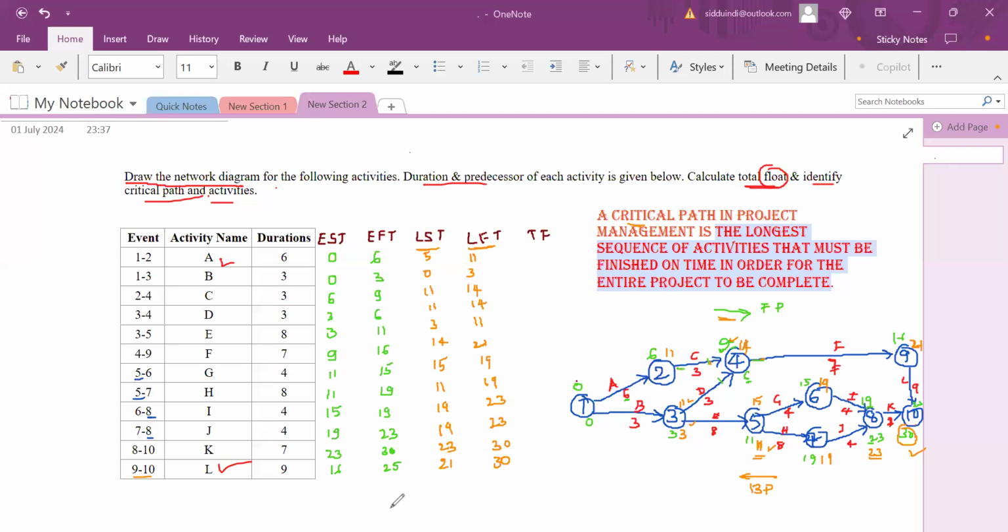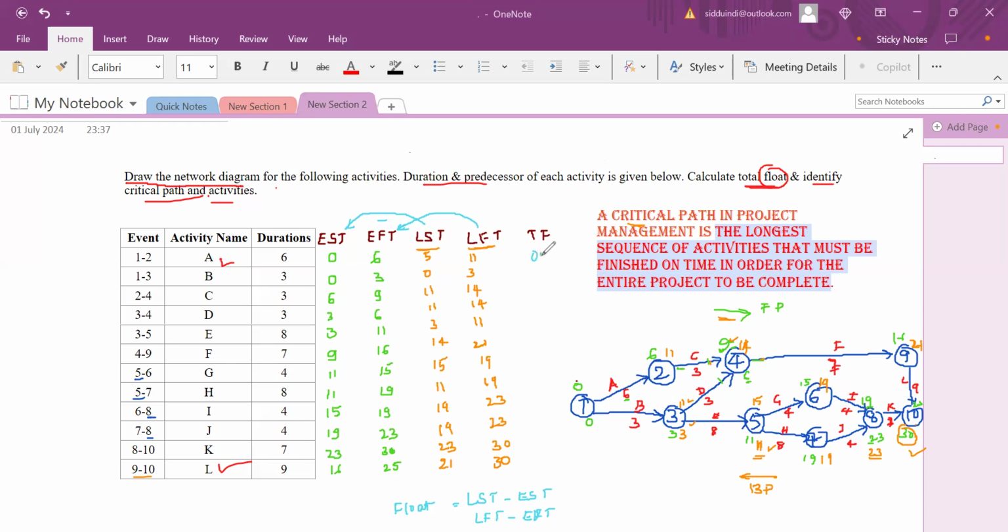Float can be calculated by LST minus EST or LFT minus EFT. You can take any one of the formulas and calculate. I will go with LFT minus EFT.